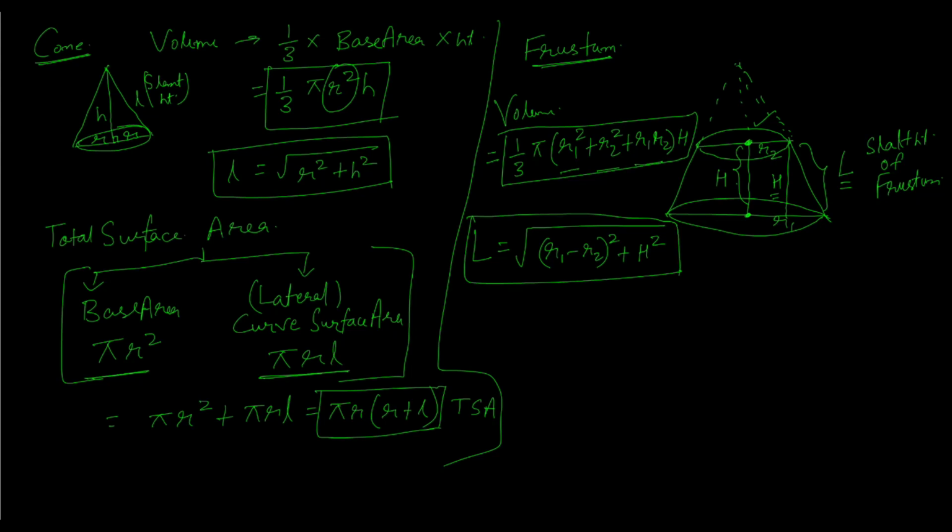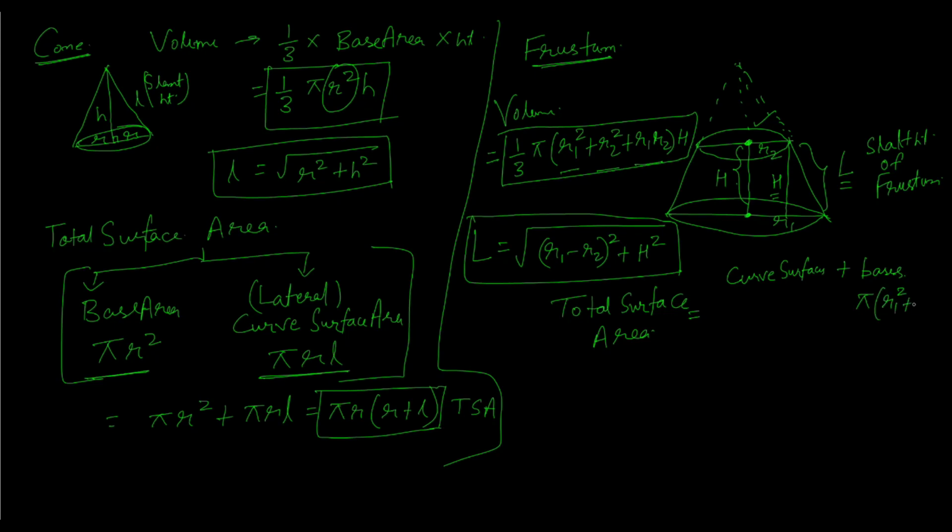Right? Now why do I need this? Because for surface area here, if I want to calculate total surface area of a frustum, this will be equal to, again, curved surface area plus the bases. Bases are very easy to understand because it is pi R1 square plus pi R2 square.